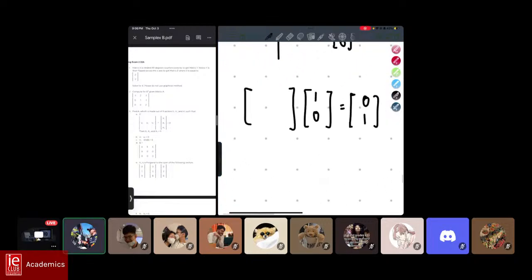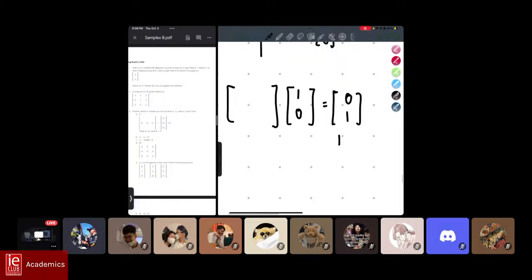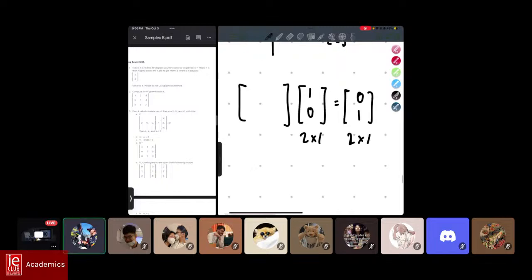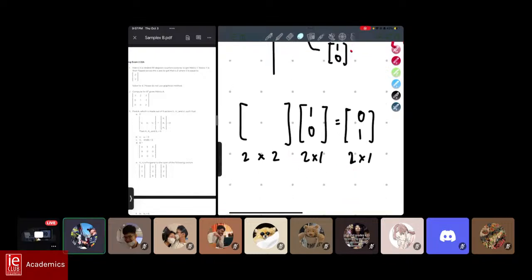First, let's determine the size. This is 2 by 1 and this is 2 by 1. So the one beside it has to be 2 to be compatible, and to get the outside, we want this to be 2 as well. So it is 2 by 2. Now let's think about what values we need to put in.